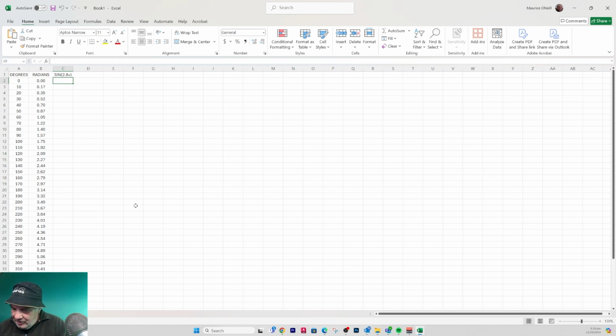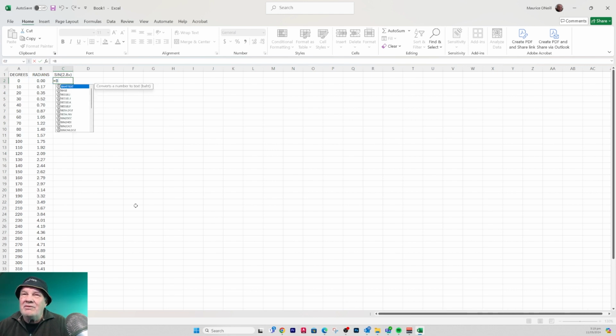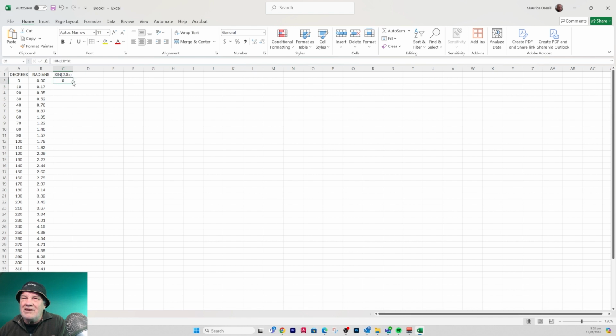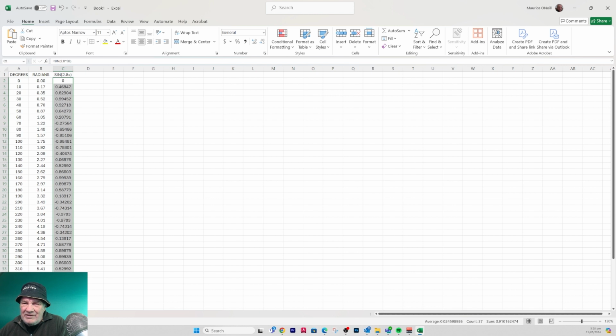That's just going to be equal to the sine, which is a function, sine, put a bracket, 2.8 times the radians, and then close that bracket, and that's going to be sine 2.8x. Pull that down there like that, and there we have it.